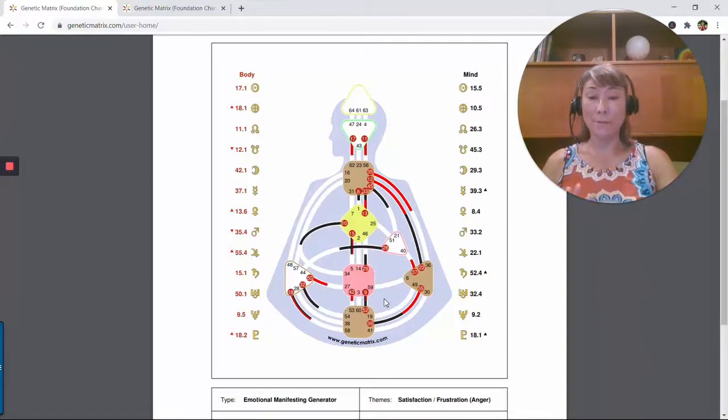So if we're talking about the mechanics of the strategy and authority, there's the sacral response. The motor gets going in response to something that is happening in this person's environment, and then they have to wait until their emotions move through a full cycle in order to really get clarity about what they're responding to and how or if they actually need to use their energy to take action.